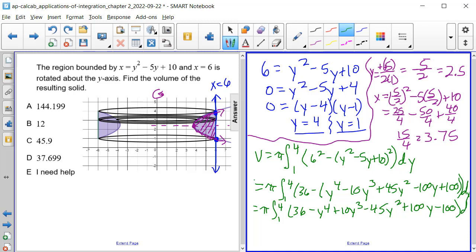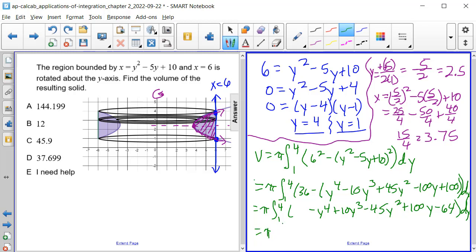And again, we're integrating with respect to y. If we take 36 and subtract 100 from it, we will get negative 64. So I'm going to erase the 36 and rewrite the ending constant as minus 64 by combining those terms together. And now we can integrate this.